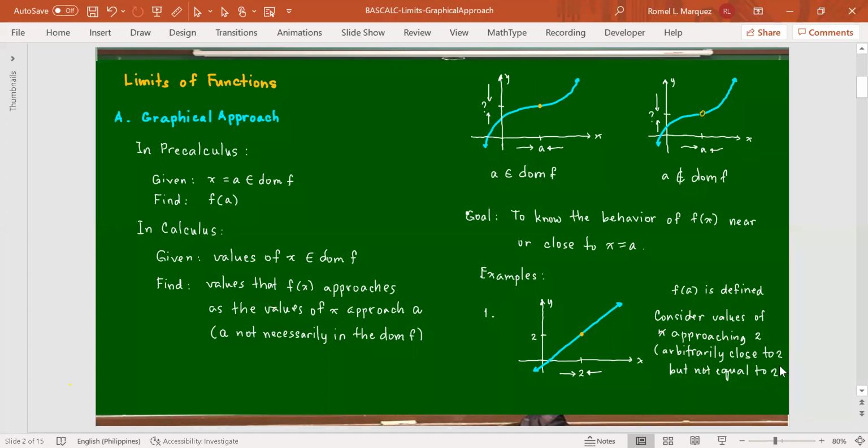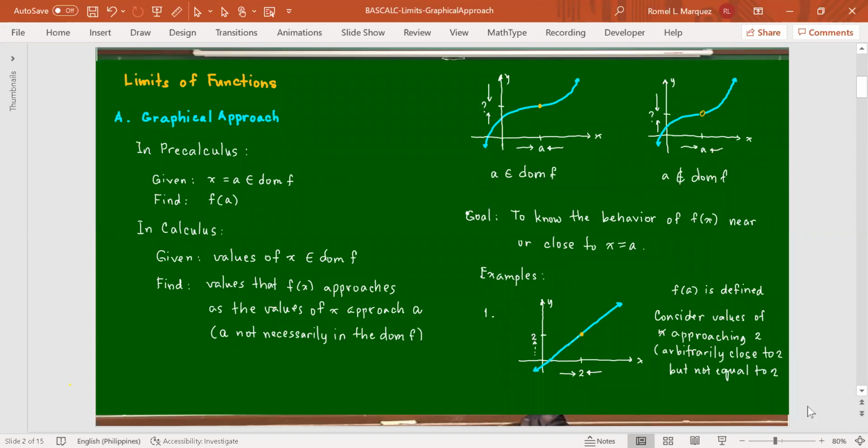Okay? So if I'm going to travel along this line from the left of 2, approaching this point, travel, travel, travel. So where does the value of the function tend to go? From here, it will tend to go to this number. What number does the function tend to go to? It tends to go to this number 2, no?